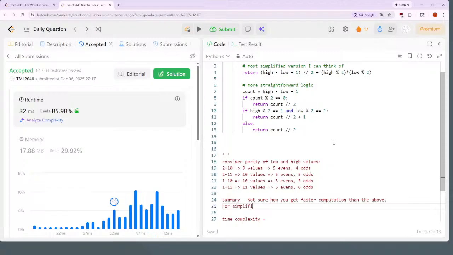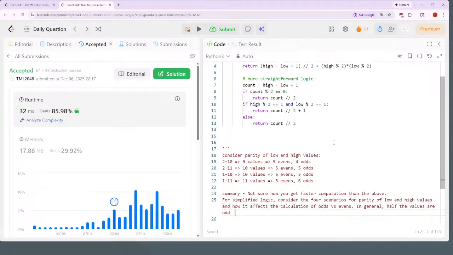But for simplified logic, consider the four scenarios for parity of low and high values and how it affects the calculation of odds versus evens in general. Half the values are odd and half are even.